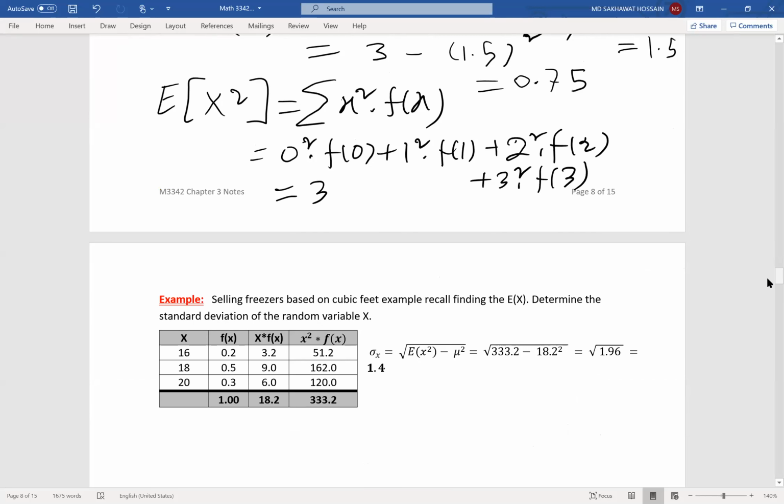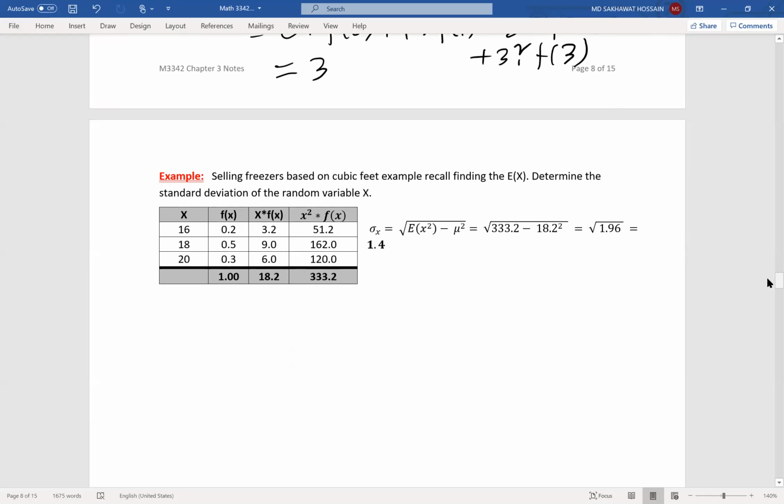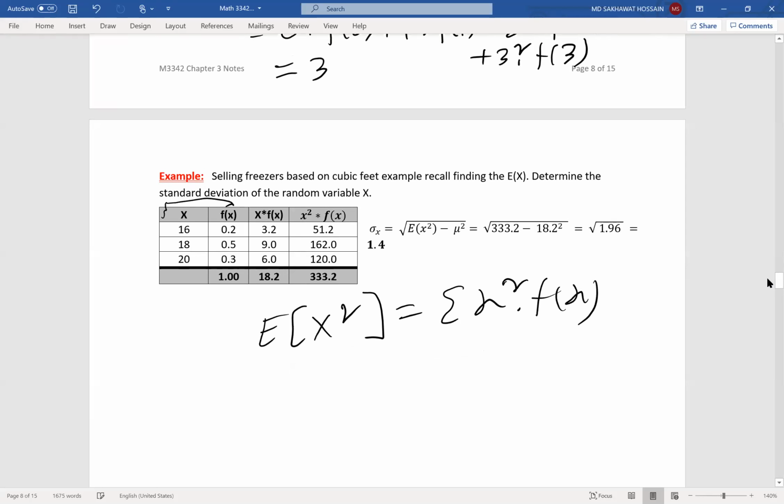So we have another example, the refrigerator example, or the freezers example. Here we have the probability distribution. We want to calculate the variance. To calculate the variance, first you have to find the expected value of x squared, which is x squared times f of x.